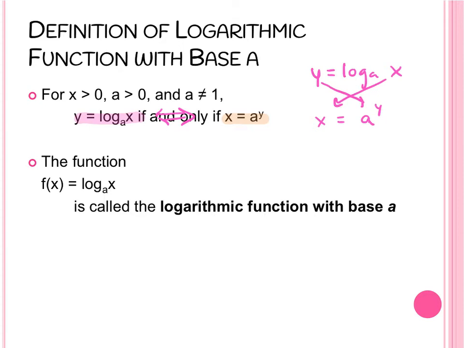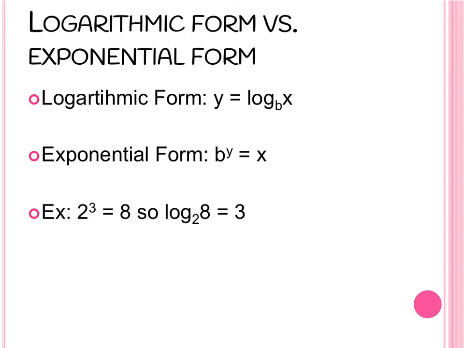So that's just one little trick to help you remember. The function f of x is equal to log base a of x is called a logarithmic function with base a.